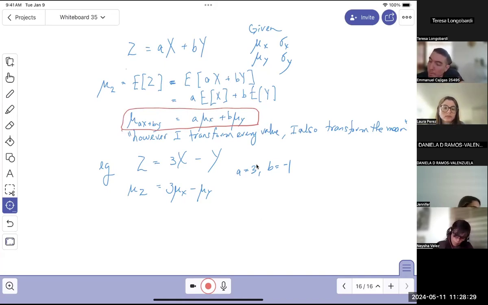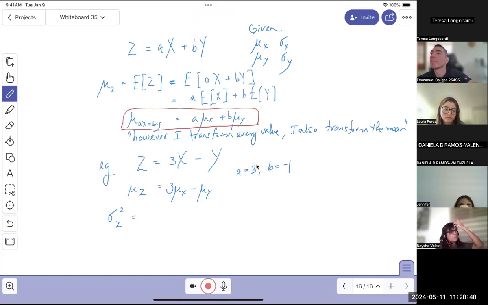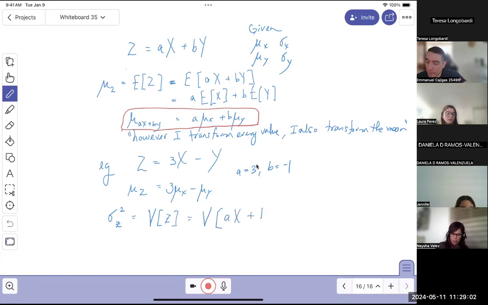And now let's talk about the variance. What about the variance of Z? I'm going to talk about the variance because I have to make a particular point, not the standard deviation, although it falls out of this. The variance of Z, the variance of aX plus bY.